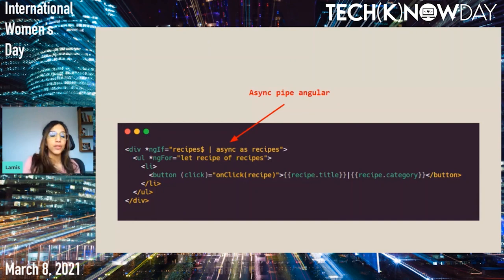For those who are not familiar with it, the async pipe is a pipe provided by Angular, and first of all, it subscribes for you automatically, and best of all, it unsubscribes for you automatically when the component gets destroyed. It always emits the last value of the stream. So it's highly recommended to use the async pipe in your HTML templates. And it's a perfect match with the OnPush change detection strategy.